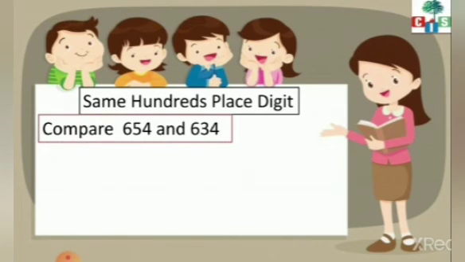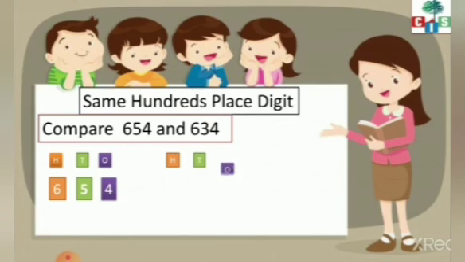Compare 654 and 634. So first we will write these numbers under correct place value, hundreds, tens, ones. So my first number is 654. So 6 will be under hundreds column, 5 under tens column and 4 under ones column. Now my next number is 634. So let's write it, hundreds, tens, ones. 6 will be under hundreds column, 3 under tens place value and 4 under ones place value.